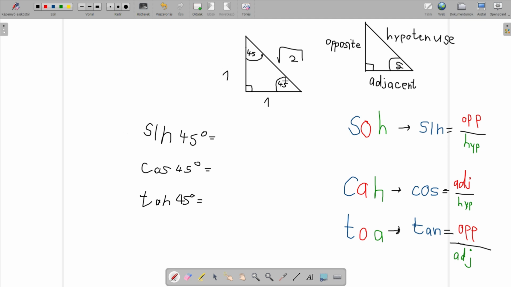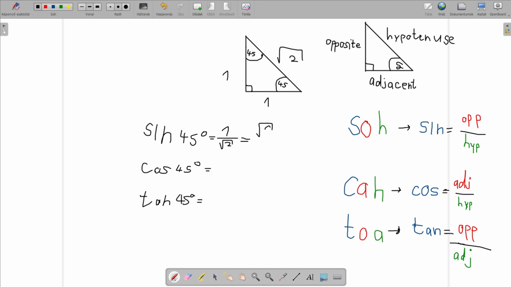And sine of 45, we could take a look at either angle because they are the same, is 1 over the square root of 2. So this is the opposite over the square root of 2. Or we usually just rationalize the denominator and multiply the numerator and the denominator by the square root of 2.